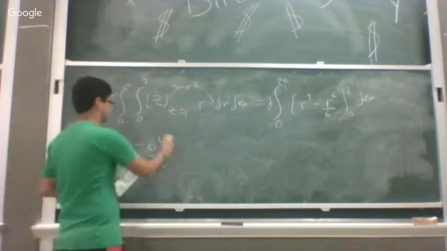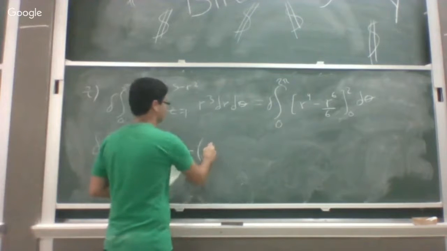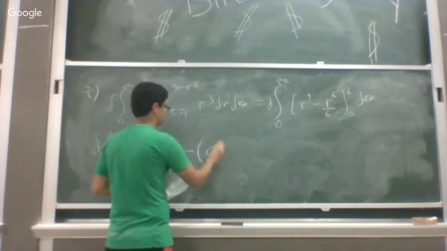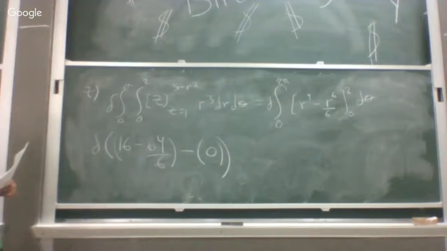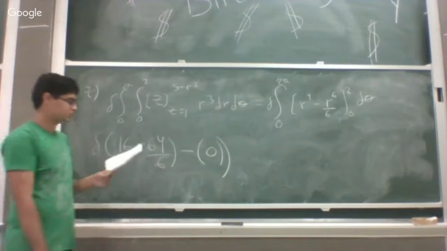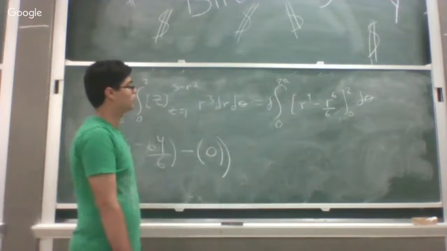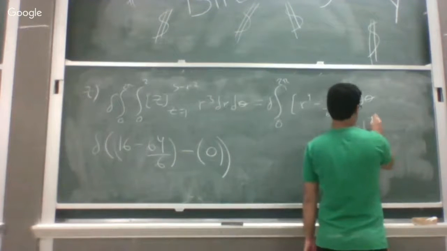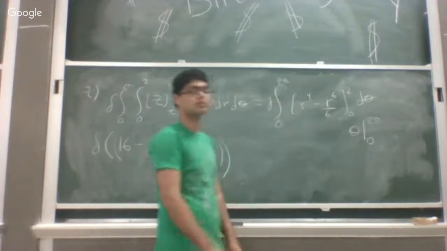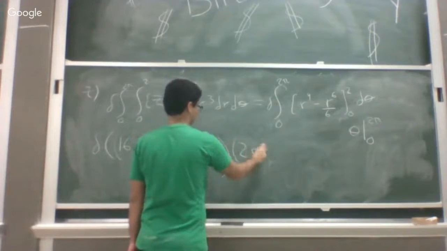Minus 0. And then we have the integral of theta, which would be theta going from 0 to 2 pi. So all of this is being multiplied by 2 pi.